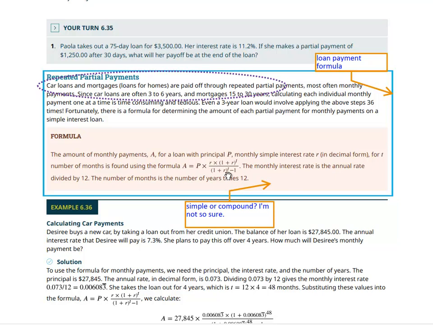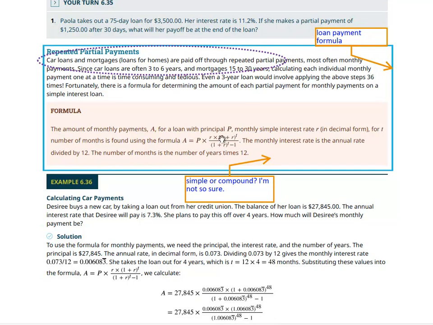It looks like a complicated formula, but I will claim in a future video that as a mathematician, that's actually a relatively simple one. And notice when you look at this formula, that's actually the compound part in there. And again, I'm saying, hey, I'm not so sure. This, by the way, is the loan payment formula. All right, I think I got it for these two sections actually on simple and compound interest.